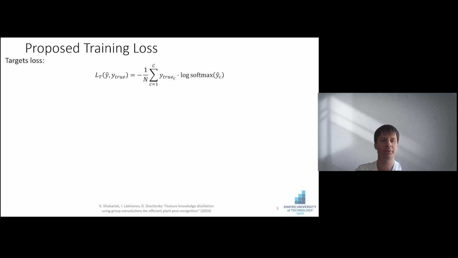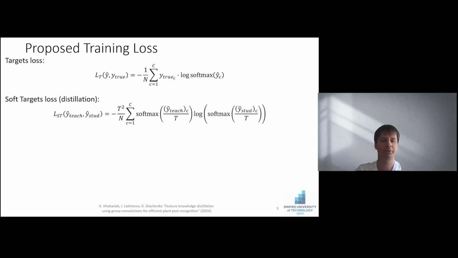The targets loss is the supervised loss between the true labels and the labels predicted by the neural network. We use cross entropy here.